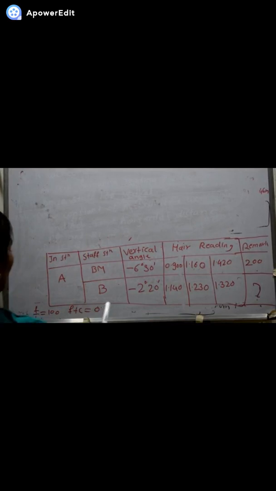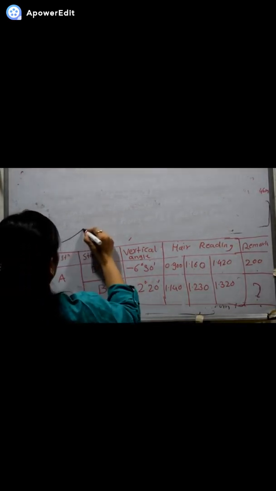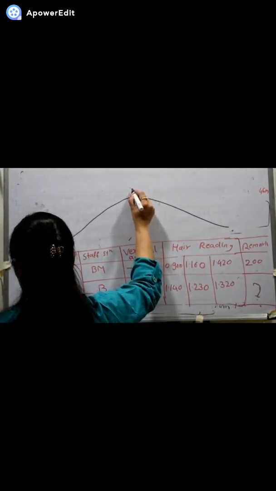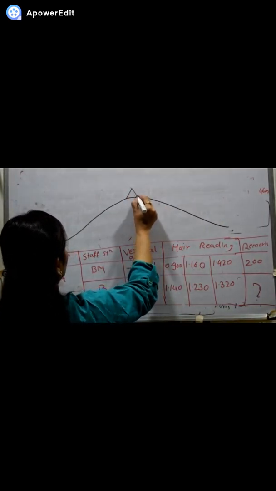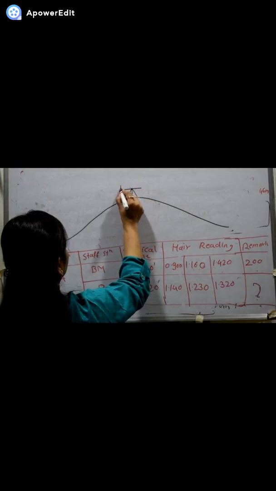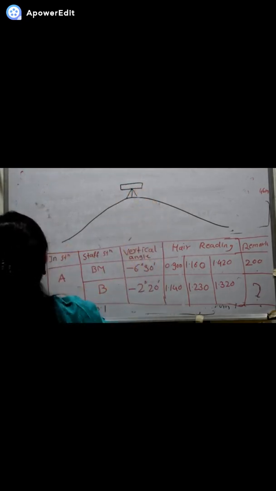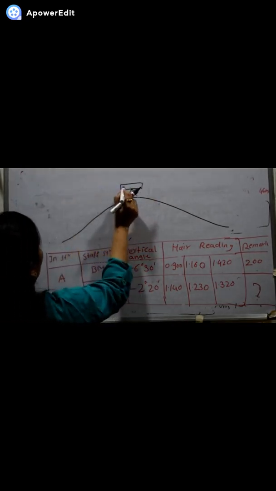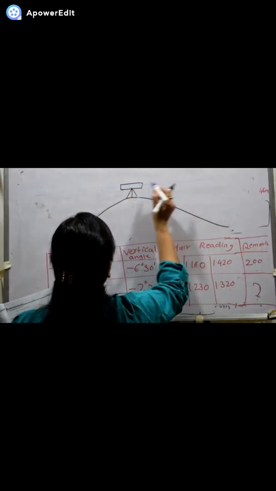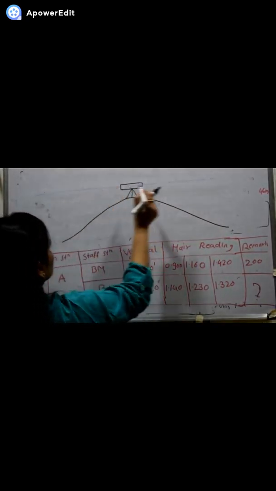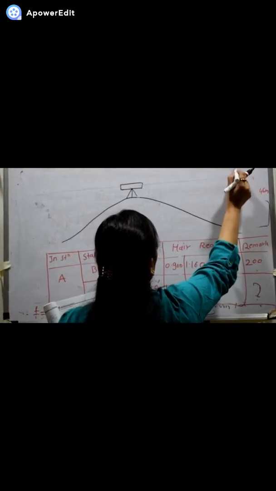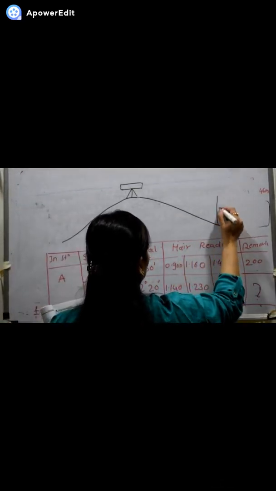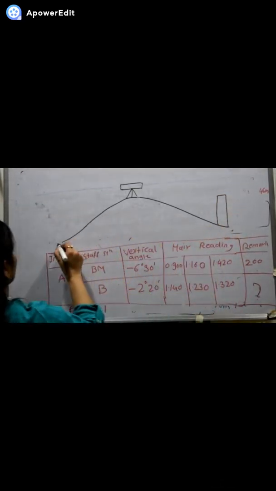Now in this case both the angles are depression, so the instrument is kept at an elevation. We will draw the instrument over here like this. We will take this line as HI, the height of instrument. As I have stated, whichever may be your staff position, it should be below the HI when it is in depression.